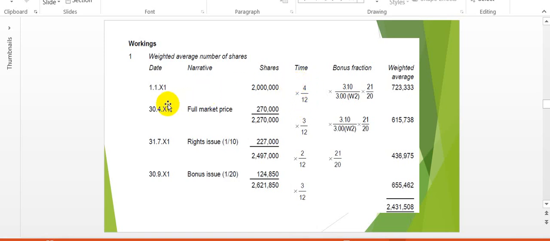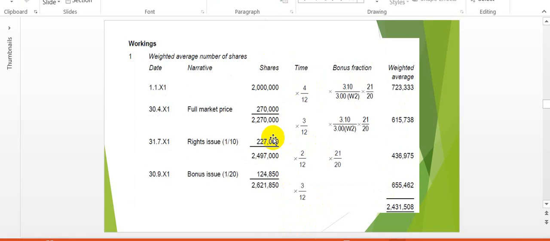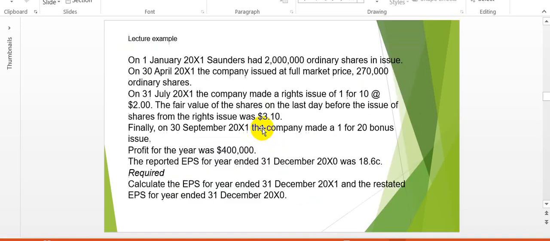And then we saw that on 30 April, there was a full market price issue of 270,000 shares. So we add the 270,000 to the 2 million to give us 2,270,000 shares. These were in issue for how many months?